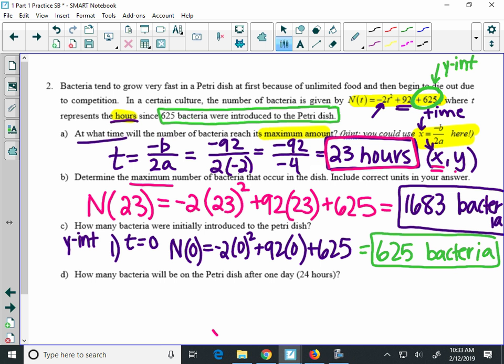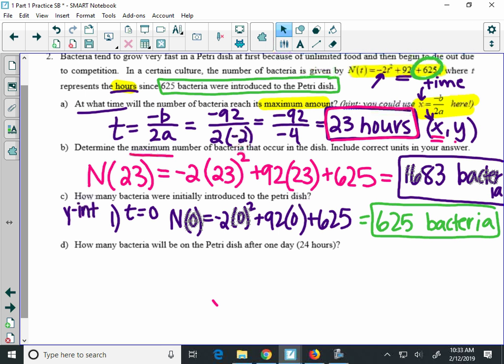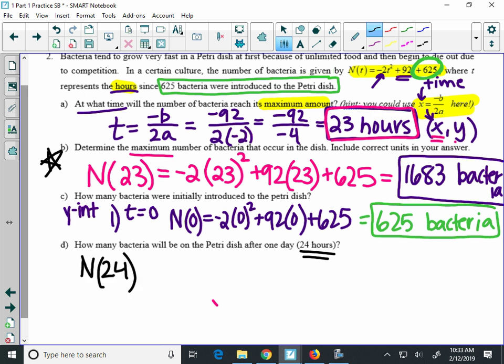All right, finally, how many bacteria will there be after 1 day? 1 day is 24 hours. We're using hours here in the problem, so we should use 24 as my time. This is going to be similar to part B. We're going to find the number of bacteria after 24 hours.